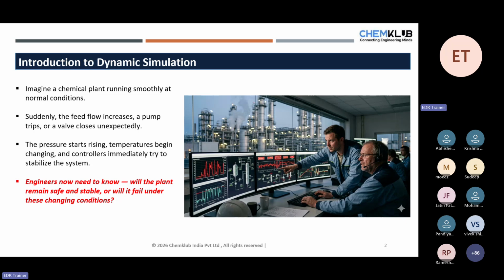So it's a very fast process. To understand this on a real plant is the best experience. But studying the same thing on a platform is a very cheap option, and it can help you get into very basic fundamentals, because these simulation softwares are based on basic thermodynamics, mass transfer, and heat transfer principles. So it can give you more idea how and why that thing has happened.